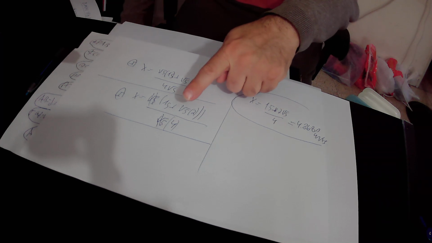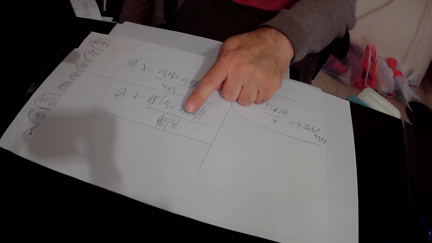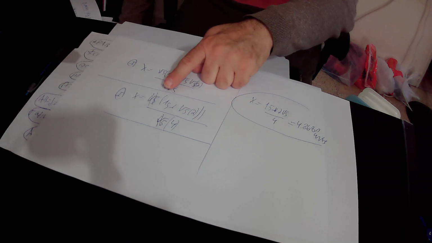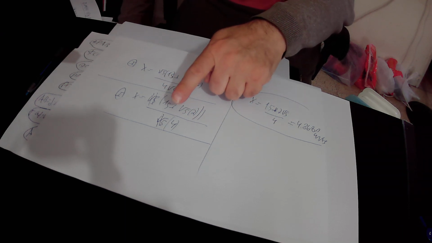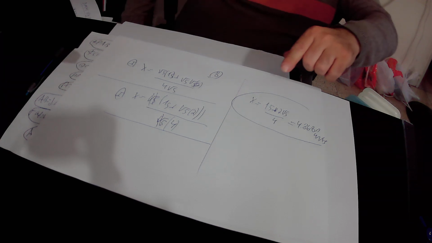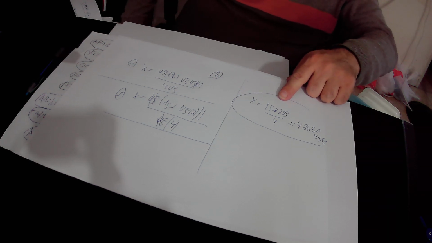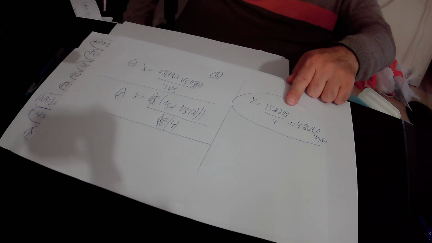All divided by square root of 5 times 4. So here we have square root of 5 in the numerator and in the denominator, so square root of 5 will get cancelled. And finally we found that x equals 15 plus 2 times square root of 5 over 4 units in its length.